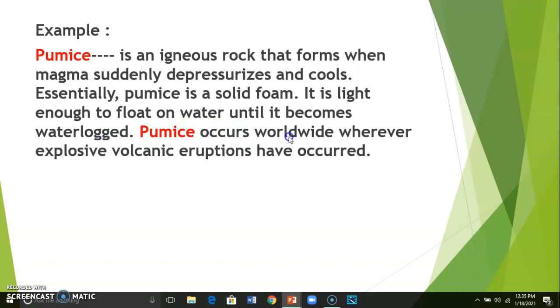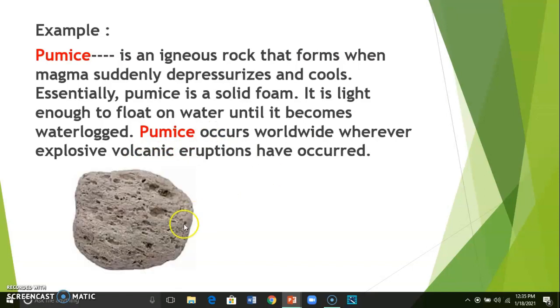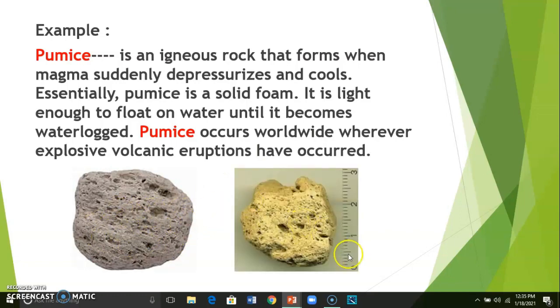Pumice occurs worldwide, wherever explosive volcanic eruptions have occurred. So in the places where there are volcanic eruptions, you can see the pumice. This is an example of pumice. If you can see this one, you can send me a picture.